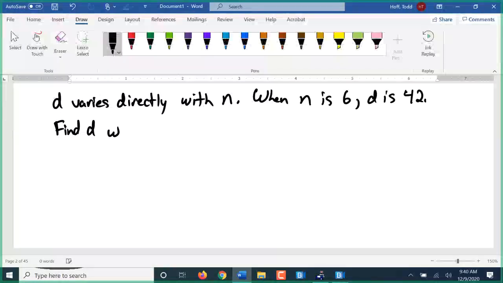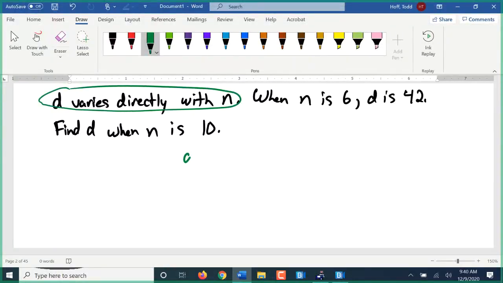Find D when N is 10. Now we have two pieces of information and then a command or a question here. D varies directly with N is telling us that D equals the constant times N.